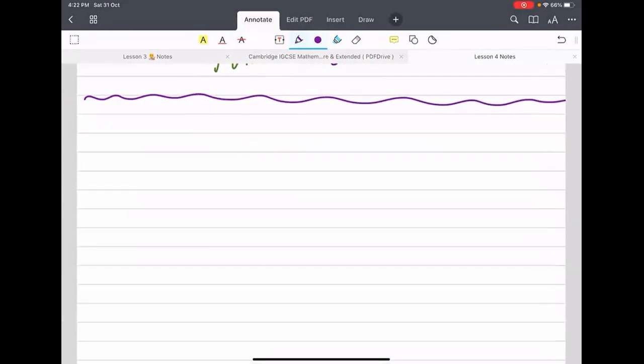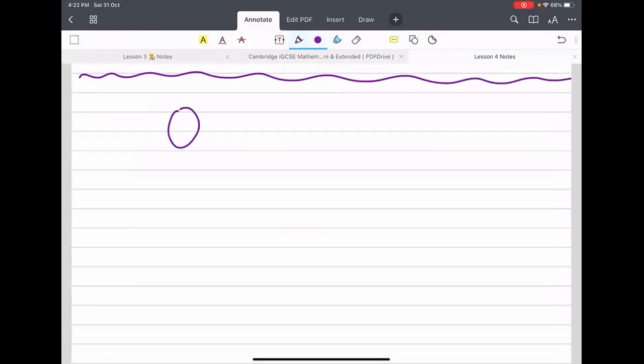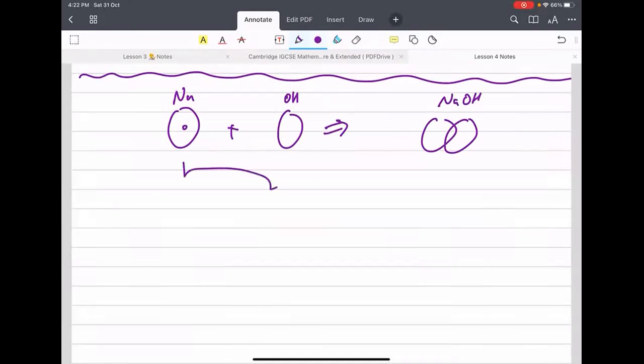Anyways, let's continue. In your chemistry class, atoms react, right? Sodium reacts with hydroxide to give sodium hydroxide. So basically, this reaction takes very little time.